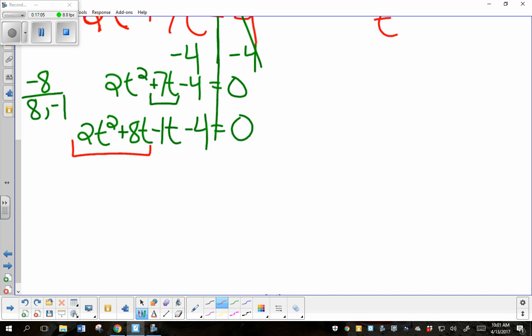I think out of those first two terms, we can take out a 2t. So what's left right here? T plus 4. Good. Because 2t times t is 2t squared. 2t times 4 is 8t. What do you guys want to take out of these two then? Good. And we're left with t plus 4, right?